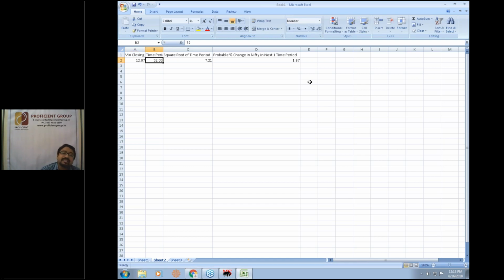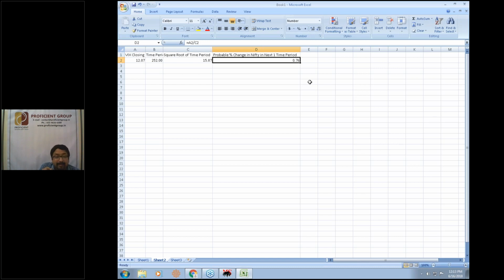Suppose we are not interested in 1 week. Suppose we are interested in 1 day. Only we are interested in Monday. So how many days are there in a year? There are 252 days in a year. So the square root of 252 is 15.87, and that will give us a probable percentage change in Nifty for the next 1 day.